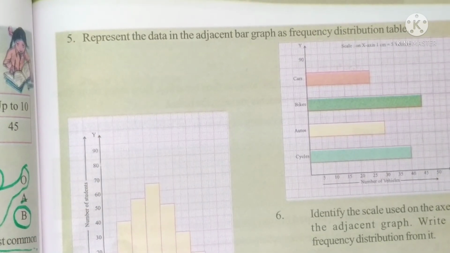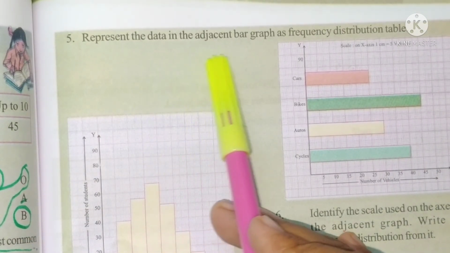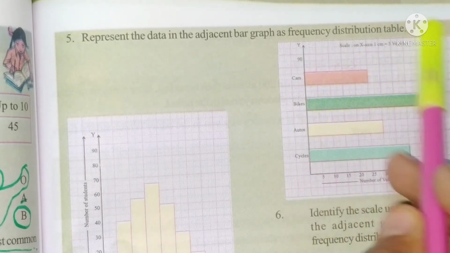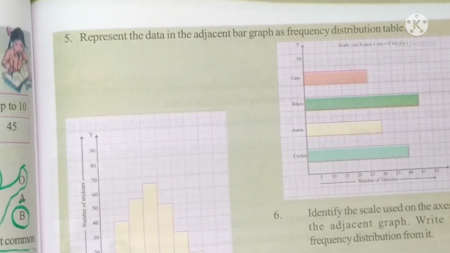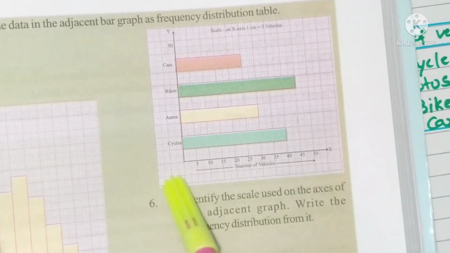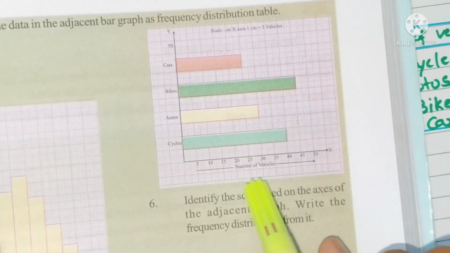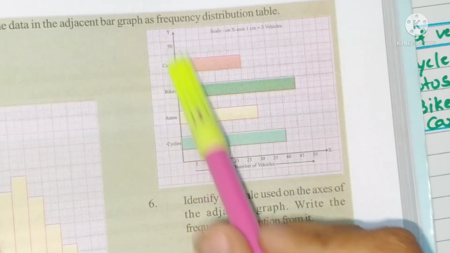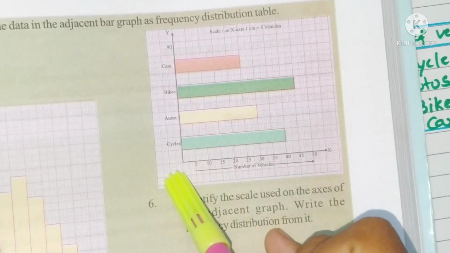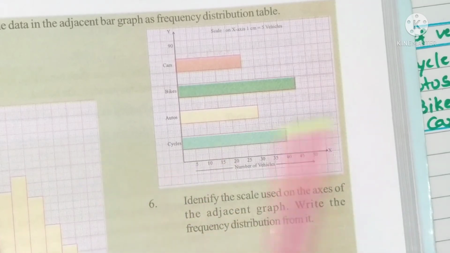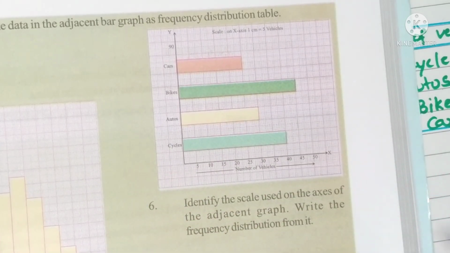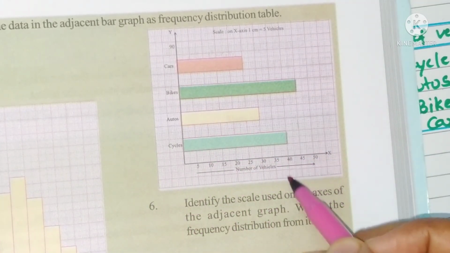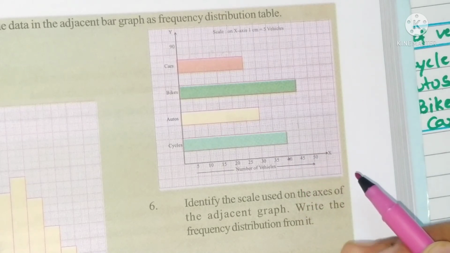See, fifth problem. Represent the data in the adjacent bar graph as a frequency distribution table. See, here one bar graph is there, no? On the x-axis number of vehicles and on the y-axis type of vehicles. Name of vehicles they gave. So see, here cycles. How many cycles are there? 40.